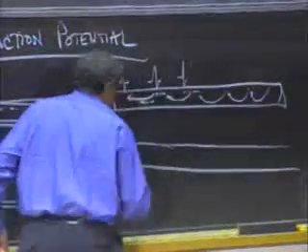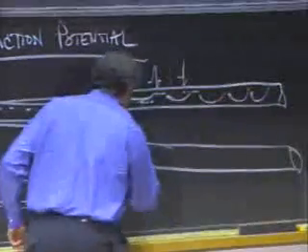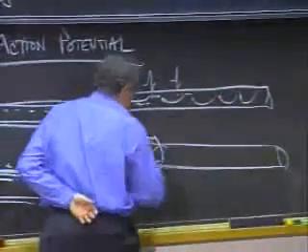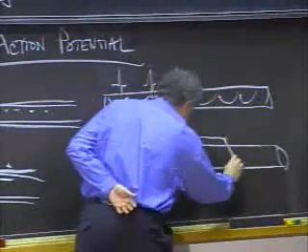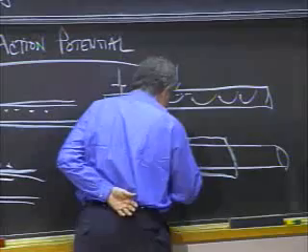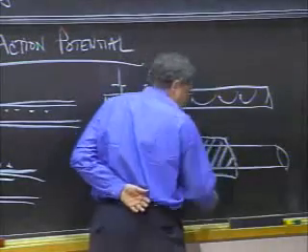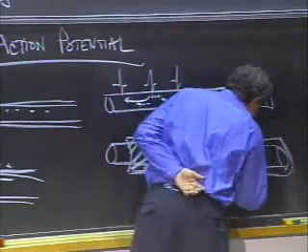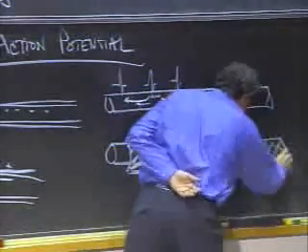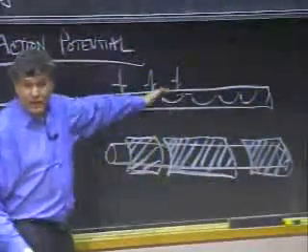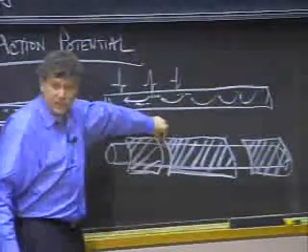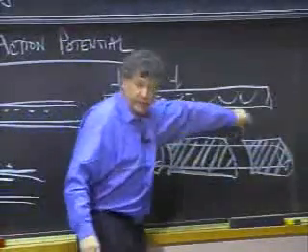The trick is, suppose I were to wrap some insulator around the axon, such that it was not in electrical contact with the outside, only with the outside solution here, here, here.